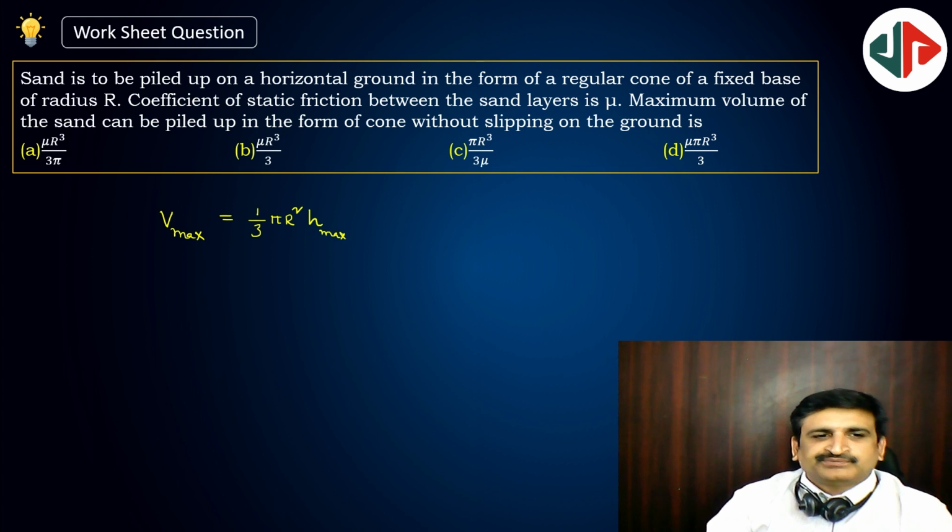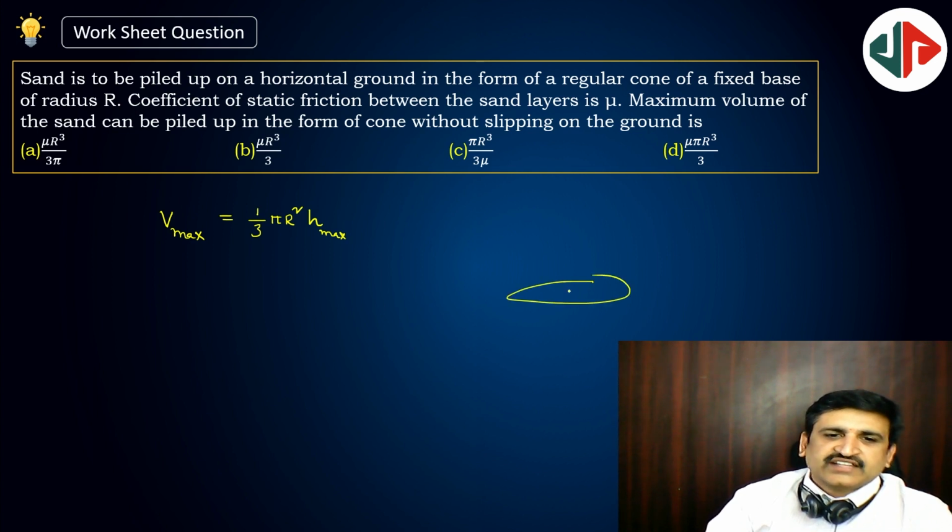Okay, fine. The H and R relation, because the options are in R. We will see the H and R relation like this. If this is H, this is R, and this is, suppose, theta, then what is tan theta?